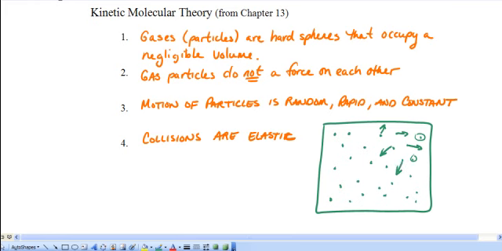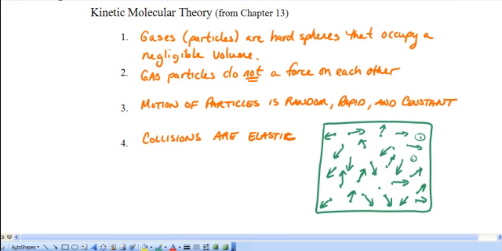So there's no way necessarily to predict the direction that any one of these particles are moving. They are always moving, and they're moving very, very quickly. Something on the order of 1,000 miles per hour.